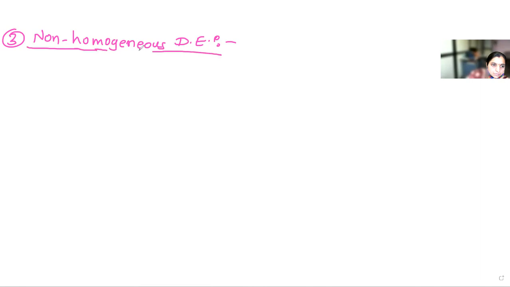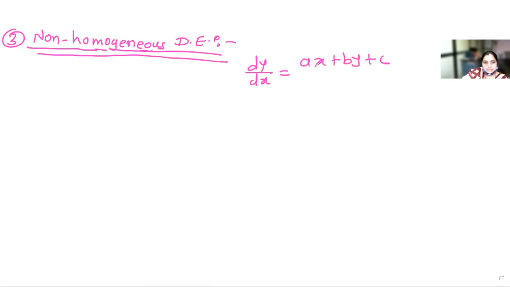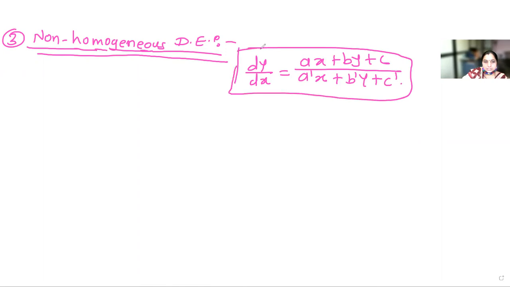The general form of a non-homogeneous differential equation is dy by dx is equal to ax plus by plus c divided by a dash x plus b dash y plus c dash. This is the standard or general form.